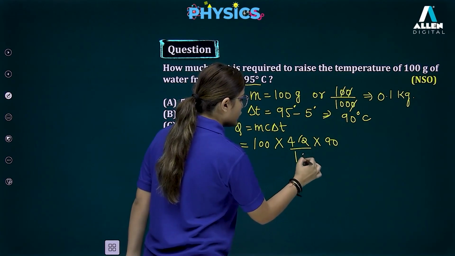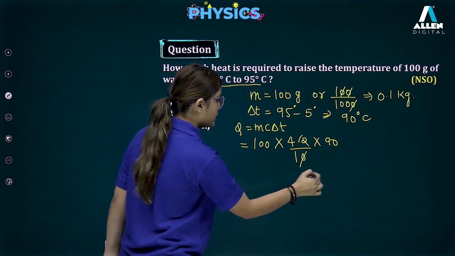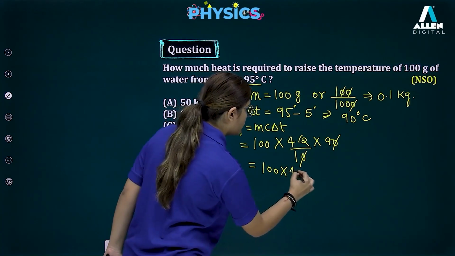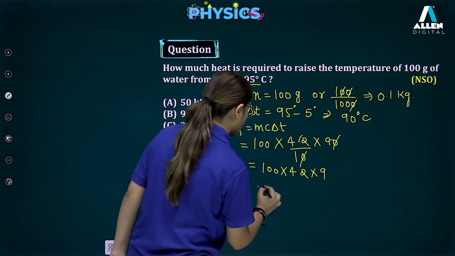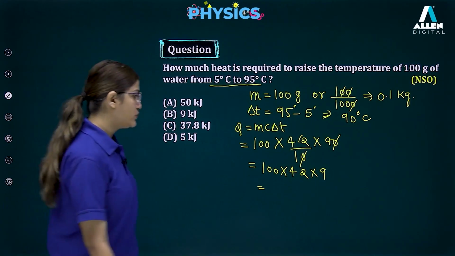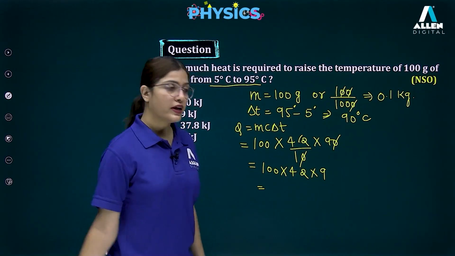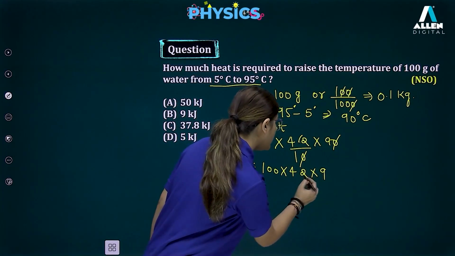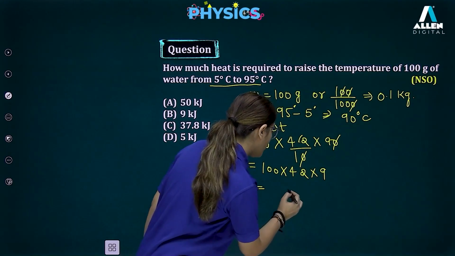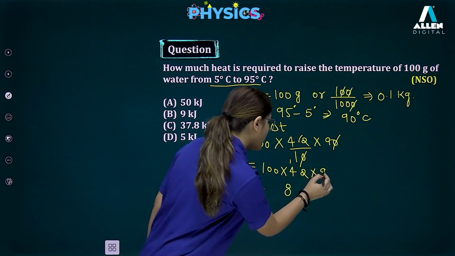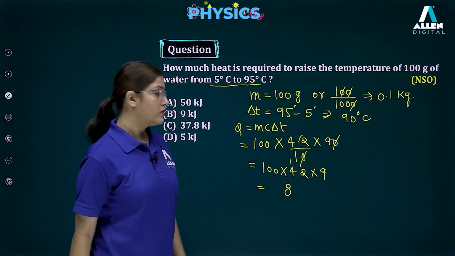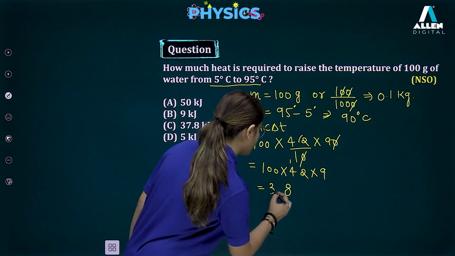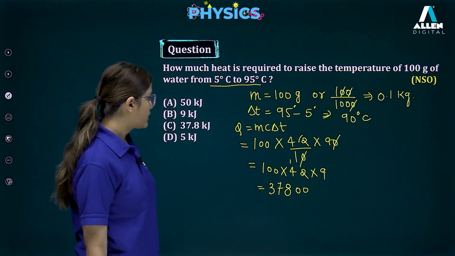You can remove the decimal sign and write 10 here: 100 multiply 42 multiply 9. You can multiply it very simply: 42 multiply by 9. If we multiply 9 by 2, it will be 18, write 8. 9 multiply 4 is 36, and 36 plus 1 is 37.